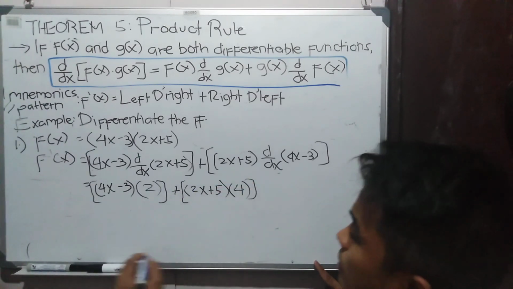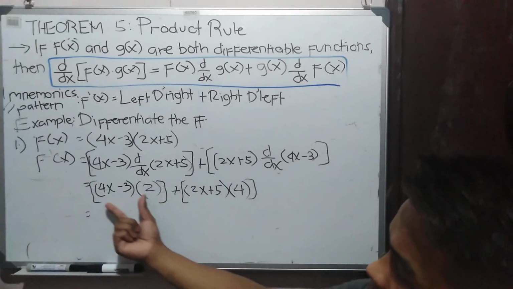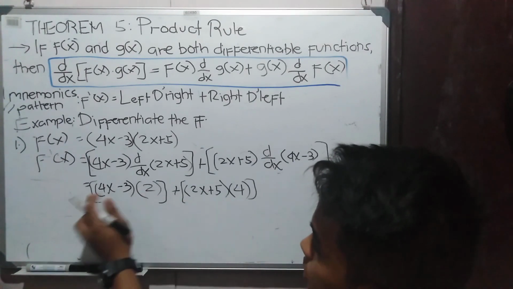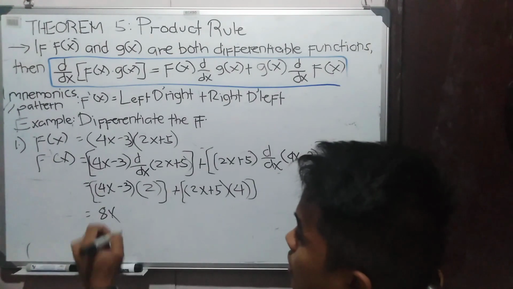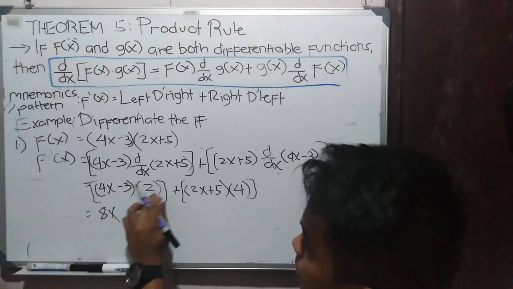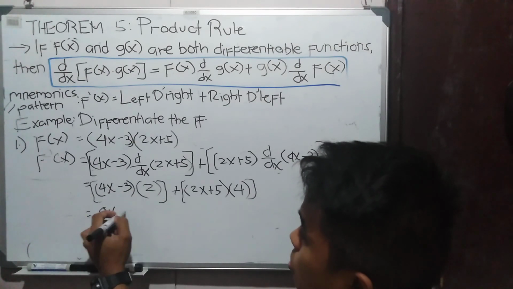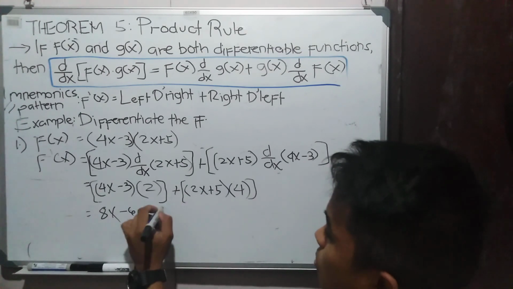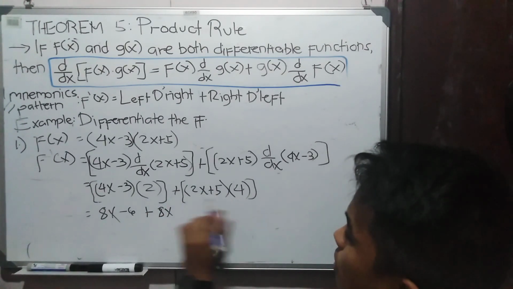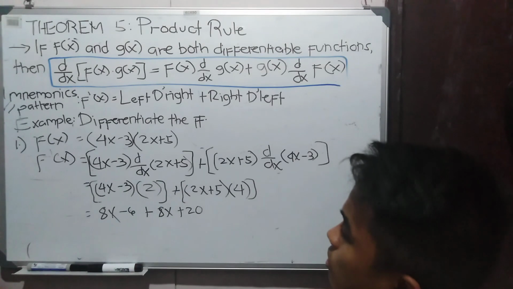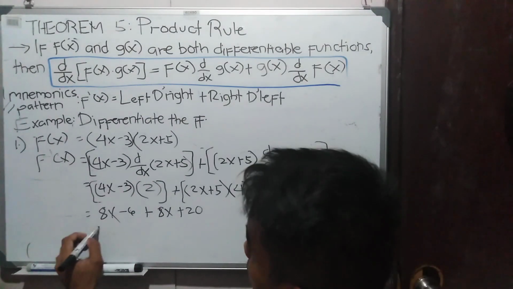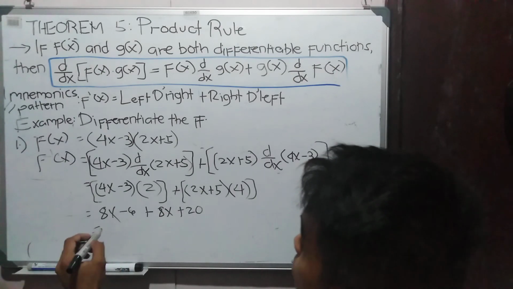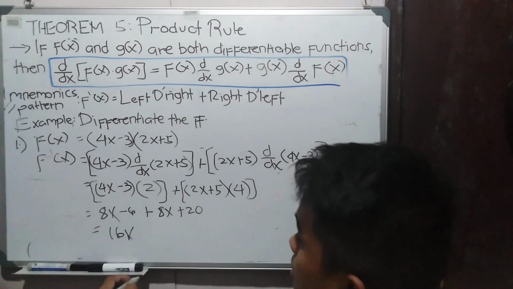Then simplify natin. Ito, i-distribute natin dito, and then ito, i-distribute natin dito. Okay, so we have 2 times 4x, that will be 8x, then negative 3 times 2, or negative 6, plus 2x times 4, we have 8x, then 5 times 4, we have positive 20. And then combine like terms, so we have 8x plus 8x, obviously that will be 16x.